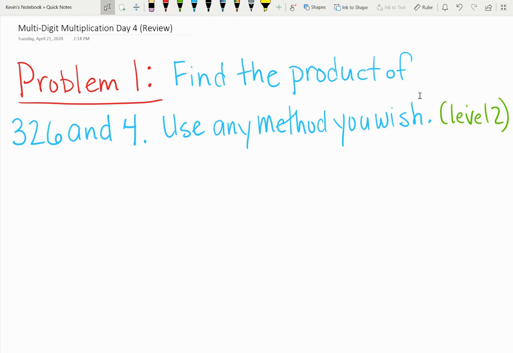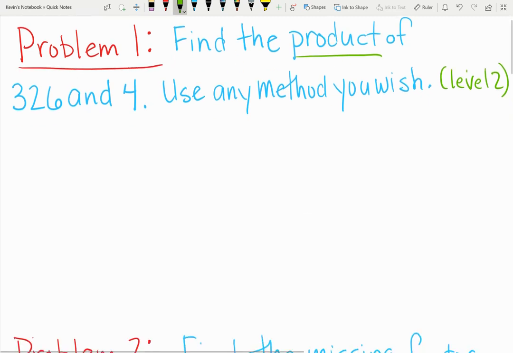All right, let's start with problem number 1. Find the product of 326 and 4, and it says use any method you wish. When you're finding the product, that is your key word. Remember, that's the answer to a multiplication problem.